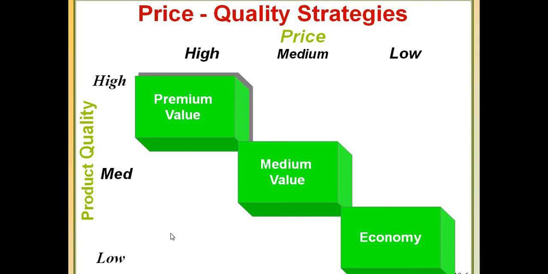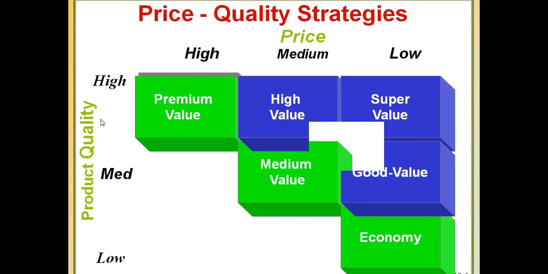We have cases like Toyota from Japan. When they entered the American markets, they were able to keep the prices low and also maintain a high quality. Because of this kind of target, they could wipe out General Motors from the American markets. So you'll find many examples where companies have tried to lower their cost, and obviously that lowers the price, but they have still been able to maintain their quality parameters.